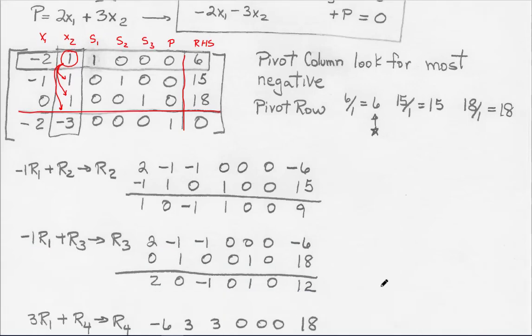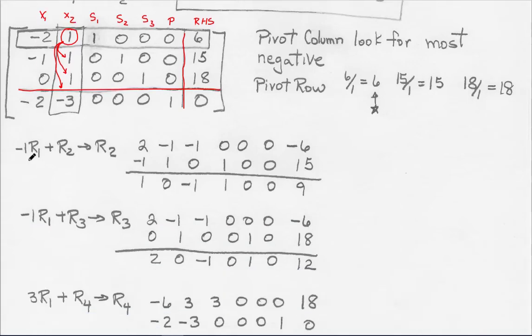So let's scroll up a little, and so you can see what I'm talking about here. Here's -1 times row 1. Here's row 2. Here is the new row 2. This is new row 3.